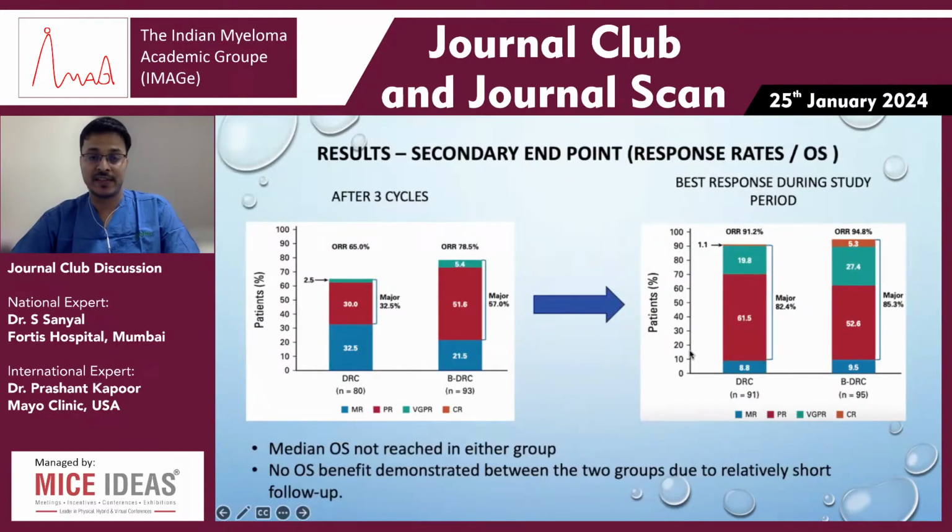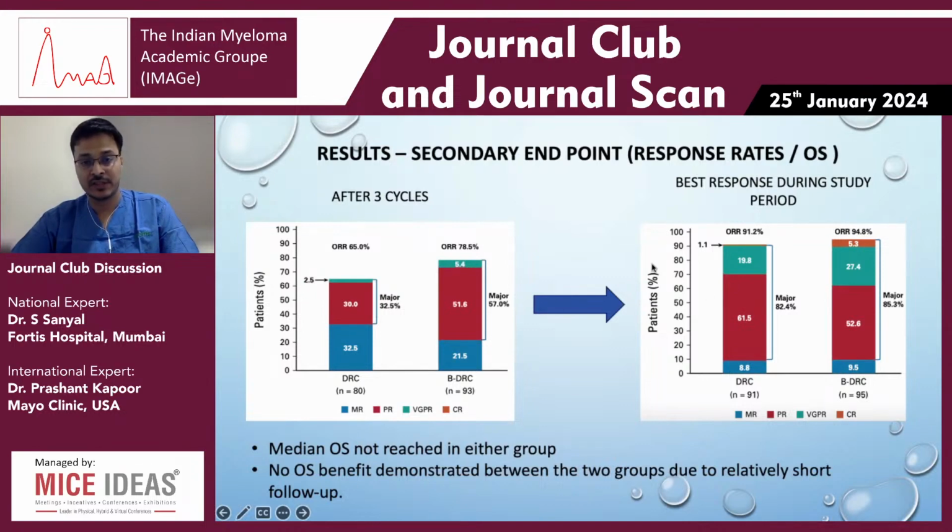As for the secondary endpoint, to identify the time to initial response and how fast the therapy is going to work, a reassessment was done after 3 cycles, that is, after 3 months. It was shown that the overall response rate of BDRC was 78.5% as compared to 65%. At this point, at 3 months, there was no patient in CR, but 5.4% of patients had achieved a VGPR with BDRC.